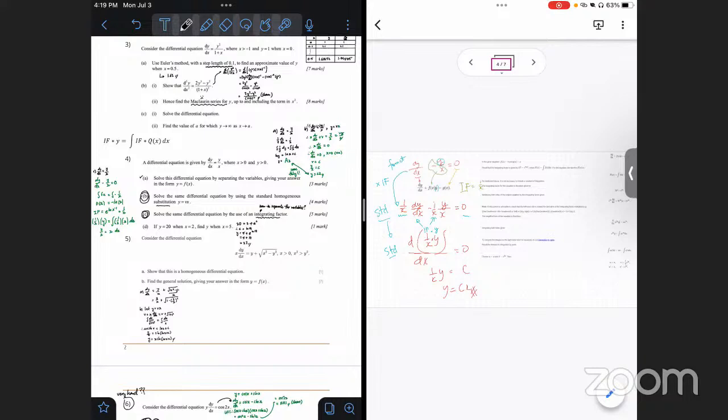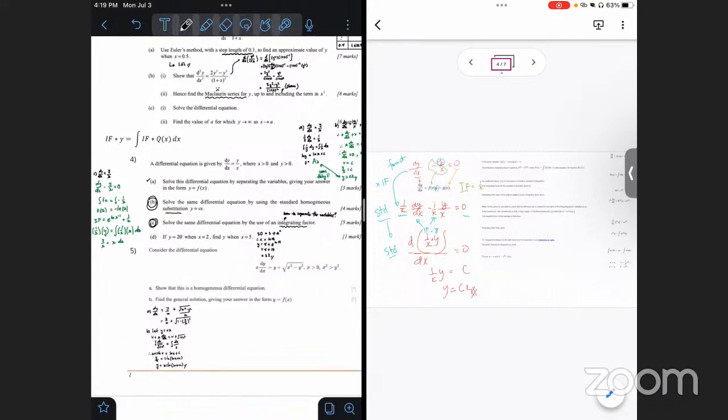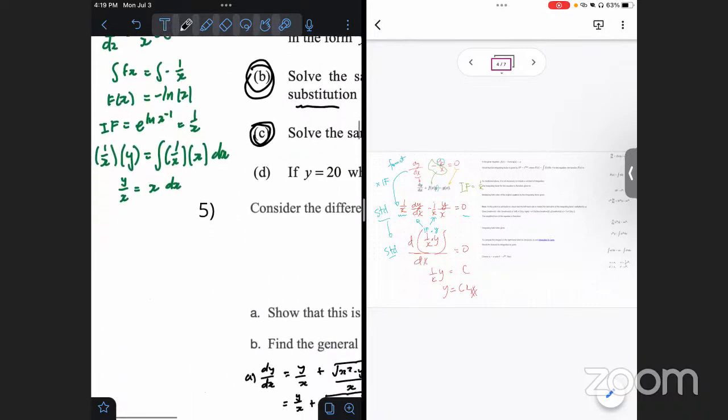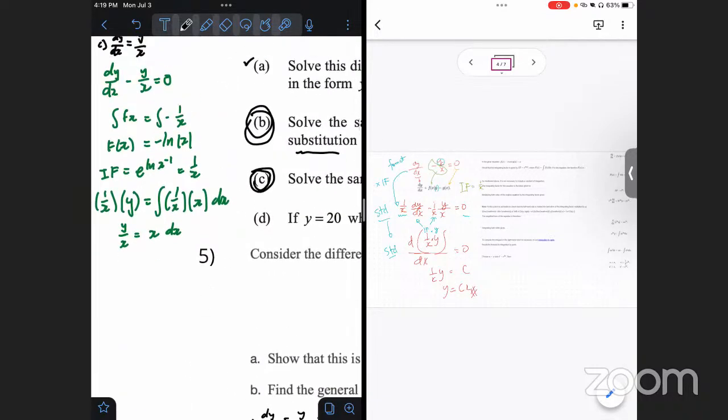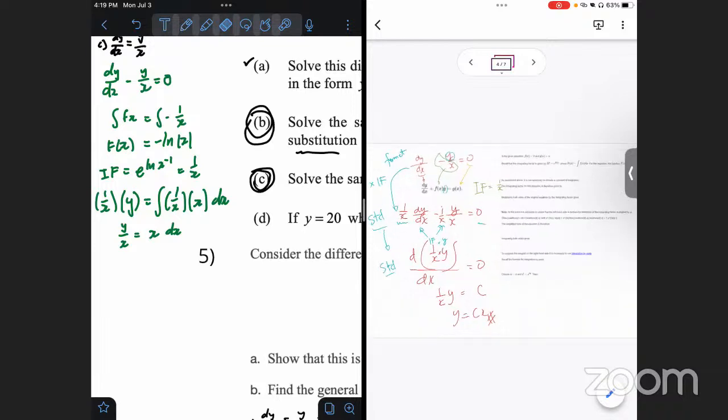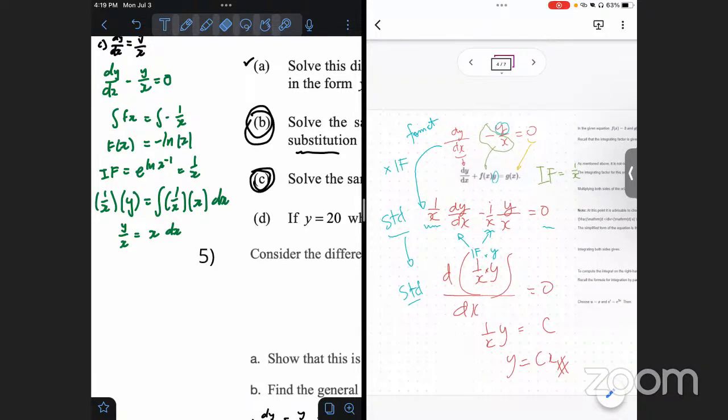My suggestion is we do another integrating factor question. Yeah. All right. Well, I look at question 6. What is question 6 again? Oh, there you go.